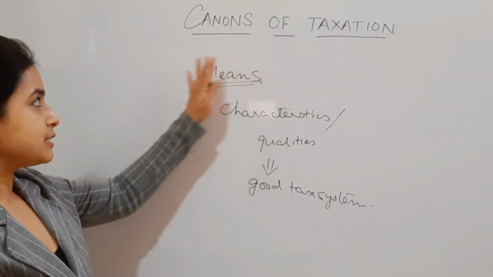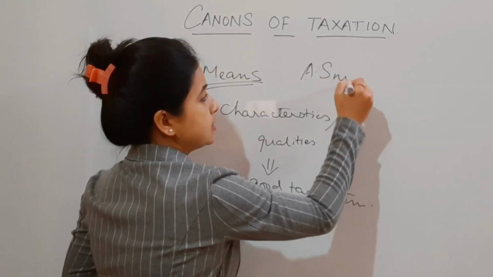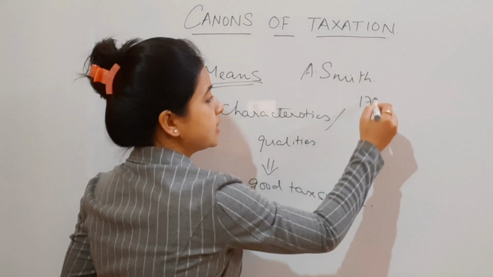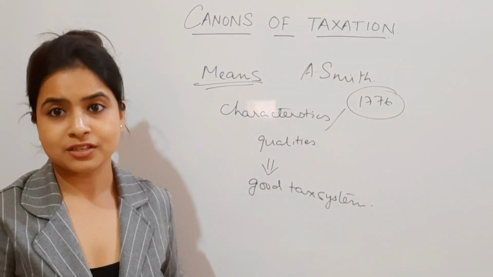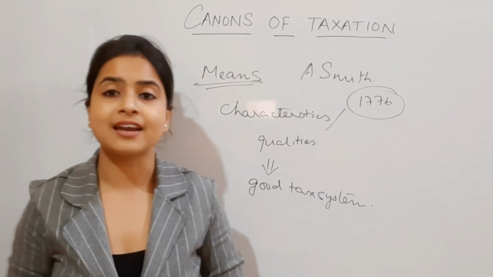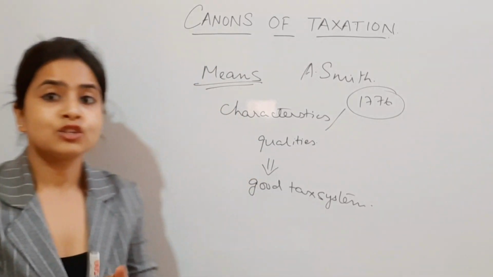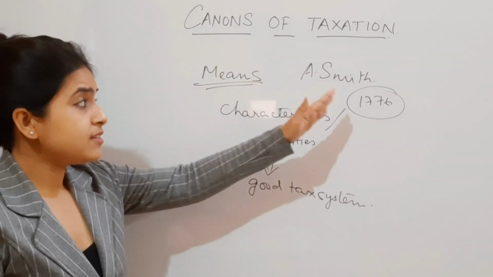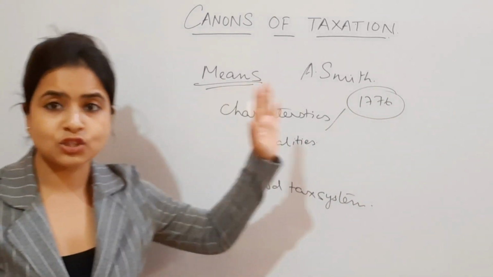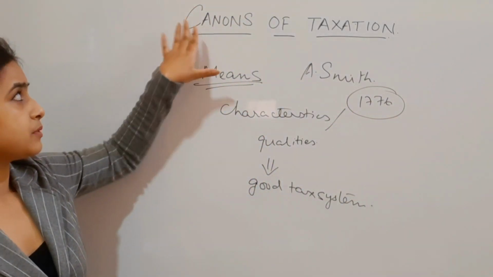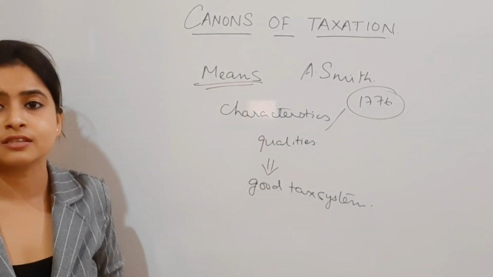And this canon of taxation was given out by whom? Adam Smith, in the year 1776. And he also mentioned that these canons of taxation are the administrative part of tax. So even in 1776, it is such a long-standing concept, the canons of taxation, that is, the characteristics of a good taxation system.